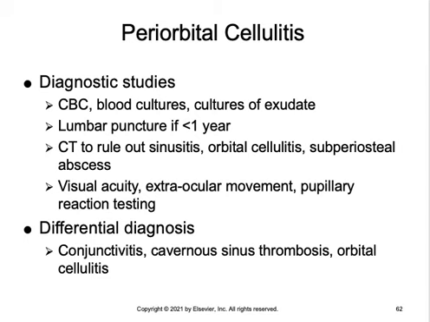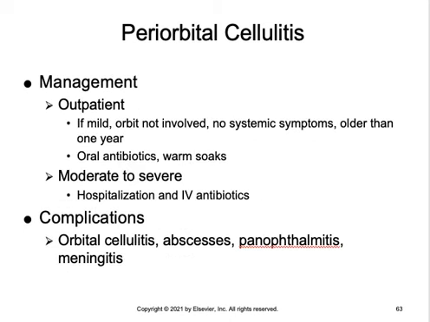Depending on the extent of the cellulitis will determine how we manage this. If it's mild and the orbit is not involved and they're not systemically sick with fever and other symptoms, and they're over 1 year of age, you can usually do oral antibiotics.